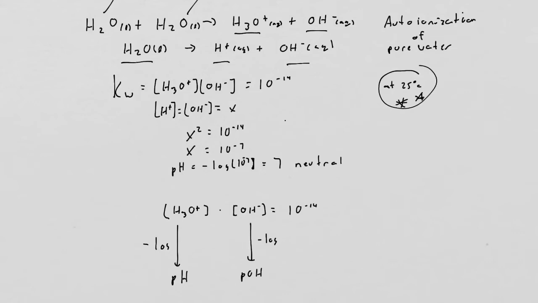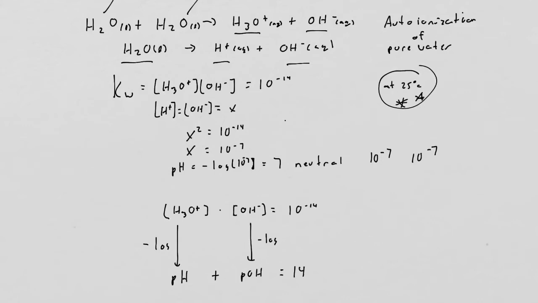Now the cool thing is these always add up to the same number. If you think about our neutral water, the concentration of H+ is 10 to the minus 7, and the concentration of OH- is 10 to the minus 7, and the negative log of both those numbers is 7. So they're always going to add to the value 14.